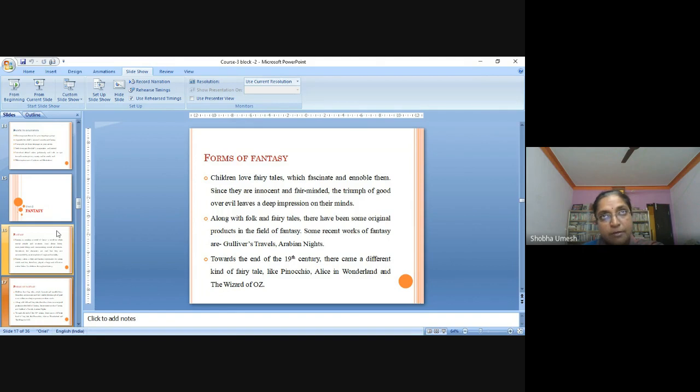See, for example, Plato, the Greek philosopher, said that the poet should be banned from the commonwealth. But this was misunderstood by many philosophers. They thought that the poet should be banned. No, he said that because during that time they were teaching young minds the Iliad and the Odyssey, which were very difficult for young minds to understand, because the characters in the Iliad and the Odyssey are gods and goddesses.